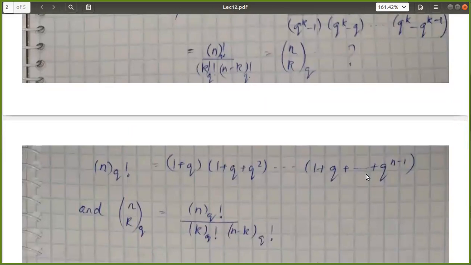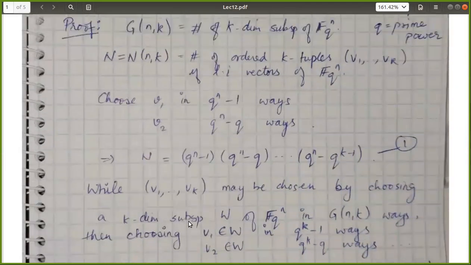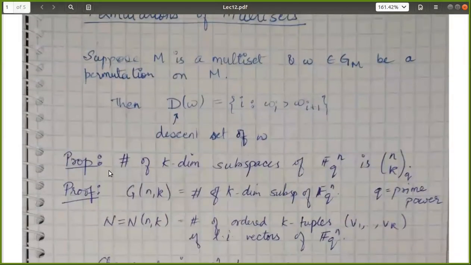Okay, so once we understand this notation, let's come to the proposition at hand, which asks you to prove the number of k-dimensional subspaces of the field FQ^n, where Q is any prime power. So people understand prime power, right? It just means that Q is a power of a prime number.